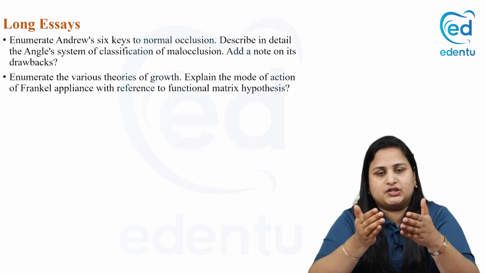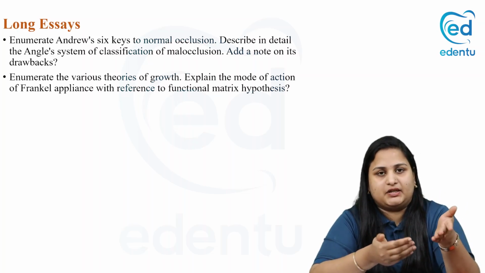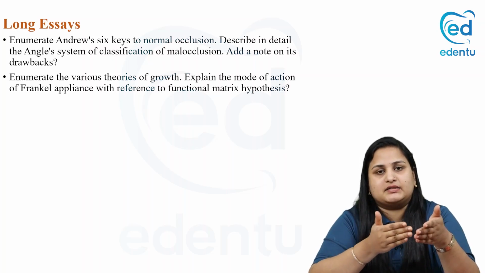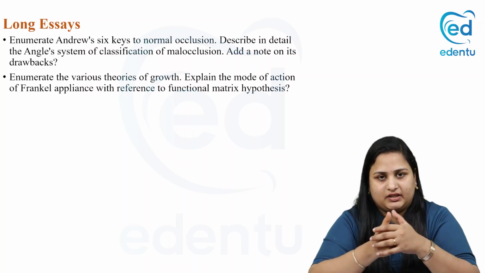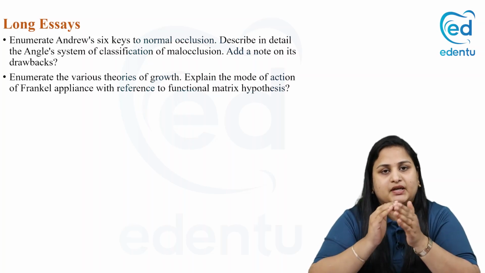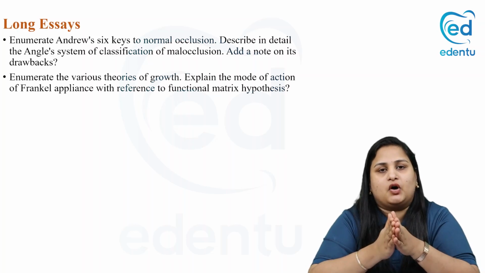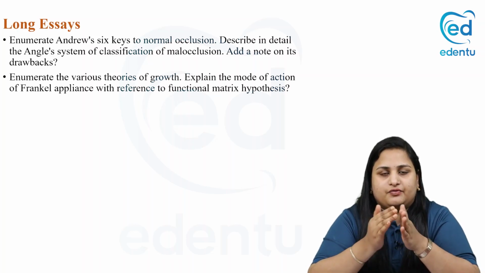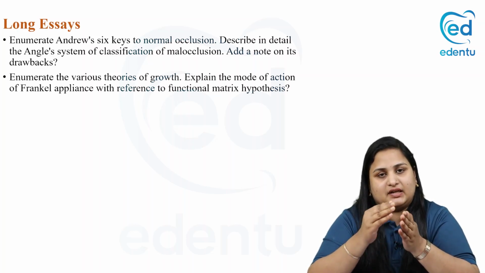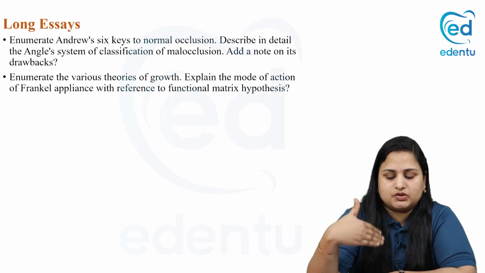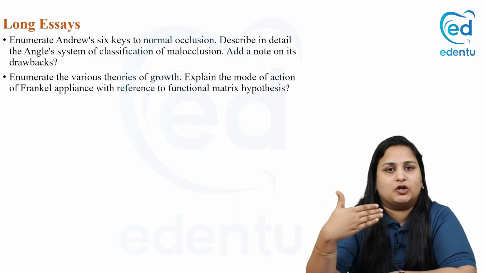For example, if there is a situation in which the molars are missing, because Andrews' keys of occlusion and Angle's class of malocclusion always concentrate on the permanent first molar teeth. In some situations, if it is missing, or not suitable, or prosthodontically replaced, there are situations when this tooth cannot be considered. That comes with the detailed elaboration on drawbacks.